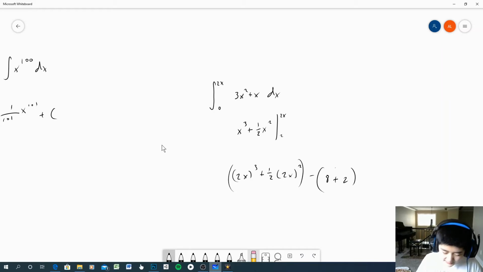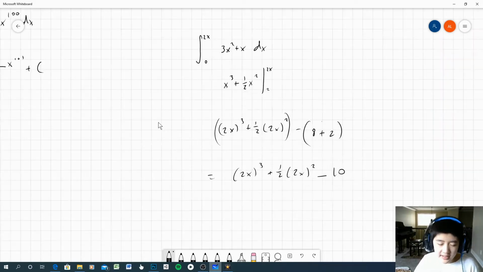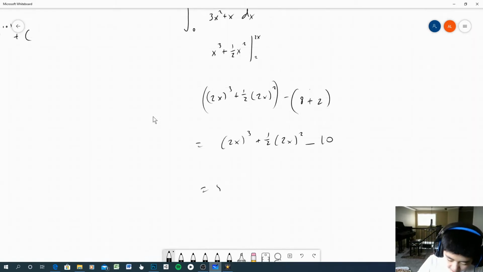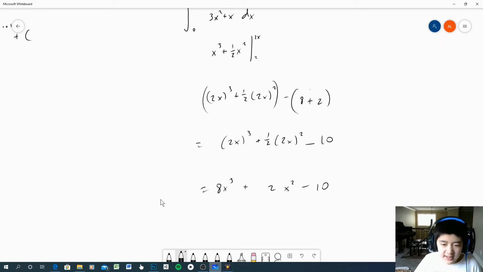So this would be 2x to the power of 3 plus 1 over 2, 2x squared, minus 10. And we can simplify this down to 8x cubed plus 1 over 2 times 4x squared, and those 1 over 2 and 4 would turn into a 2, minus 10. And that would give us our final answer.